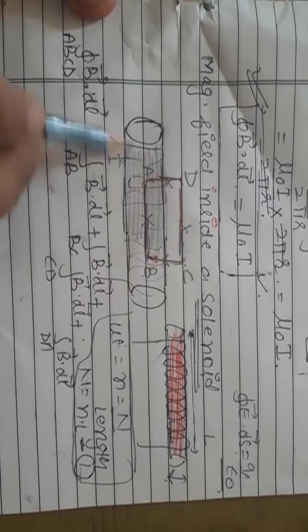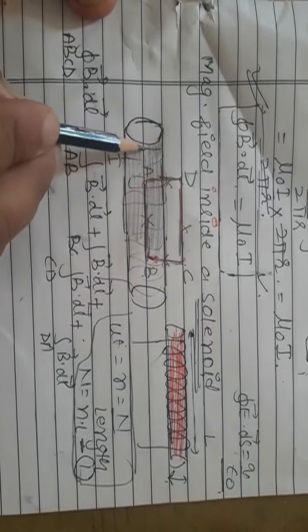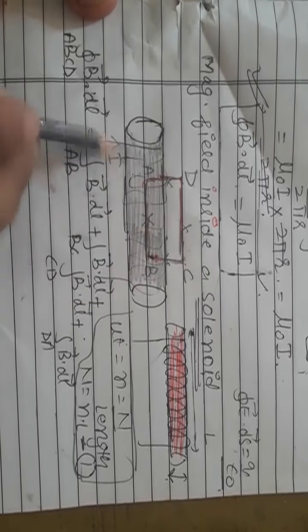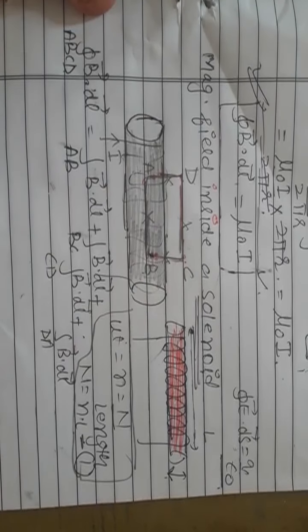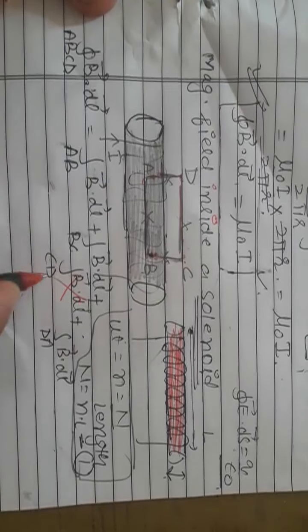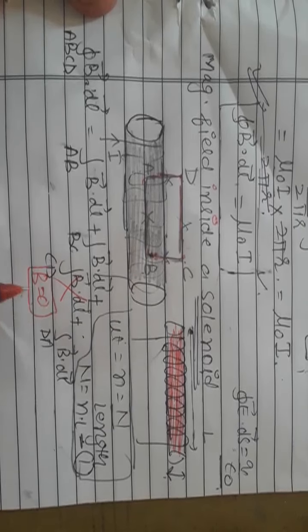The magnetic field is inside this solenoid, it is not outside. It means the contribution of CD will be zero, I can neglect CD. Why? Because it is outside, and outside the magnetic field is zero.